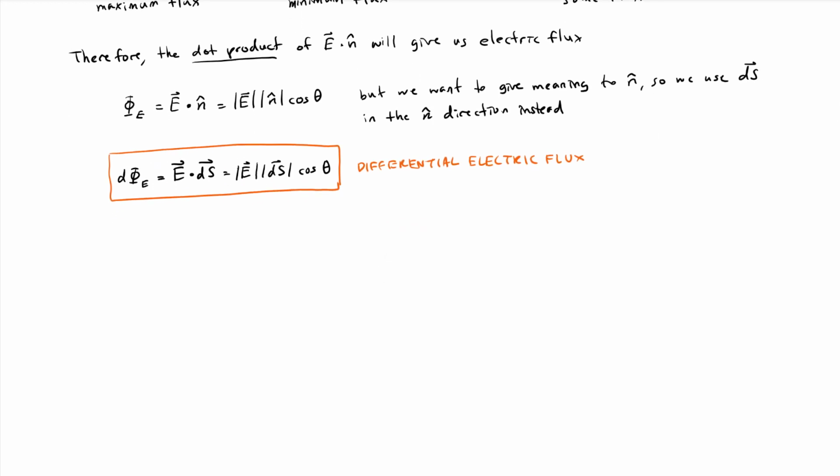So if we integrate this differential electric flux, it's going to give us the total electric flux. So integrating gives us total flux, and we get phi E is equal to the surface integral of E dotted with ds.